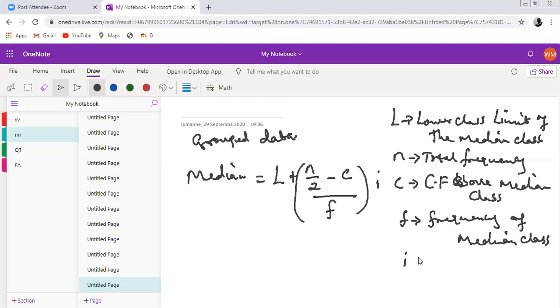And then I is the class interval. So anytime we have grouped data, we need to have these values down. Let me demonstrate it using this example that I'm going to give.